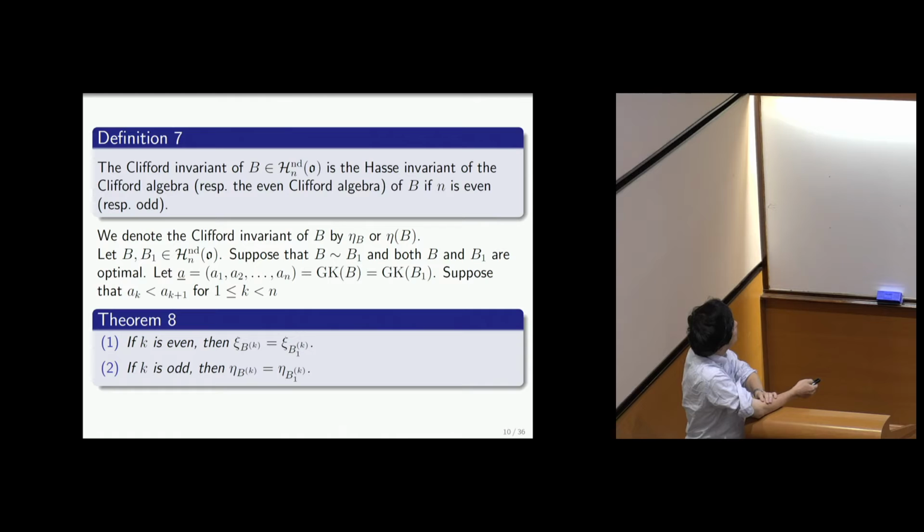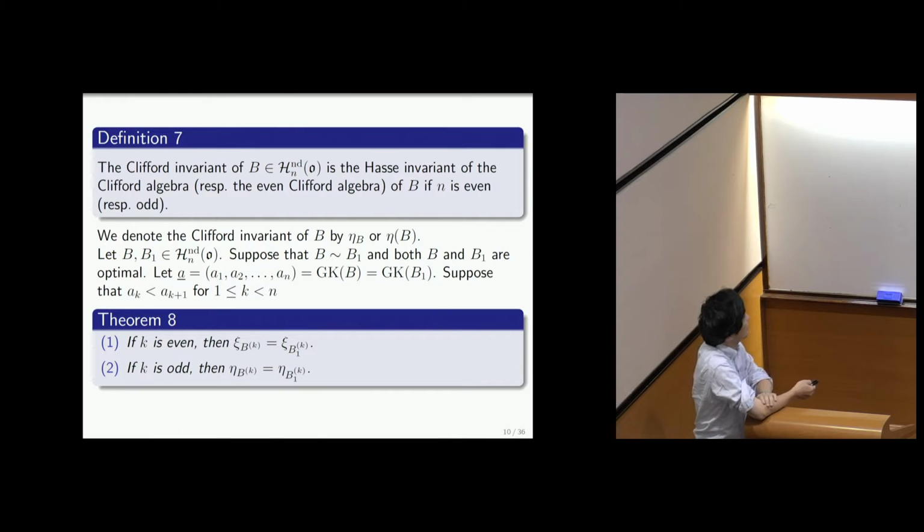So let B and B1 be half-integral symmetric matrices, and suppose that B is equivalent to B1 and both B and B1 are optimal. And let A be the Gross-Keating invariant of B, and we assume that A_k is smaller than A_{k+1}.